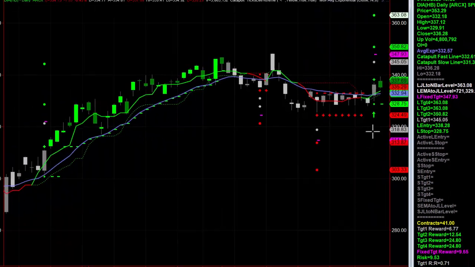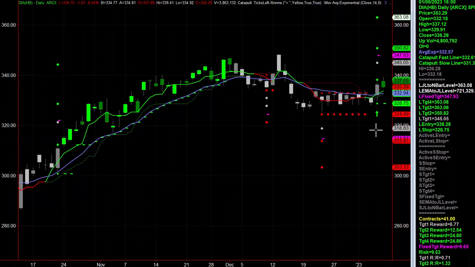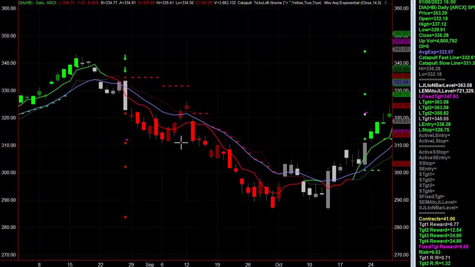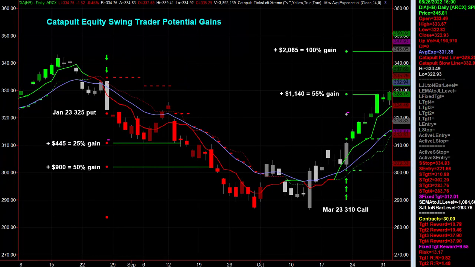And you don't have to be very sophisticated and know too much about options. Simple call options when you're going up and simple put options when you're going down. You could lock down double and triple percentage gains. And just to illustrate how powerful this strategy is, I went ahead and marked up this chart as if we took these trades, this put trade here.